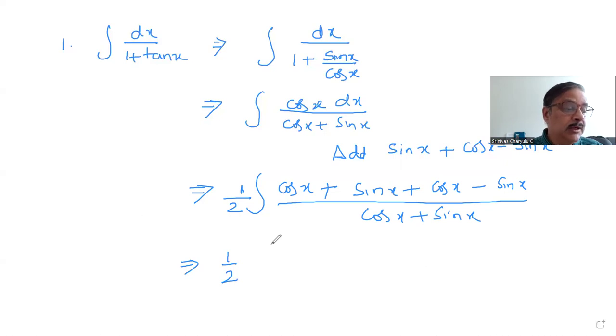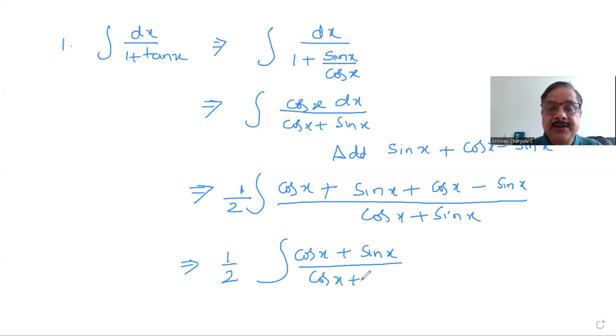So this entire thing I will divide like this. Cos x plus sin x divided by cos x plus sin x as the first bracket. Second bracket, this half I'm making common because it is common to the entire thing.